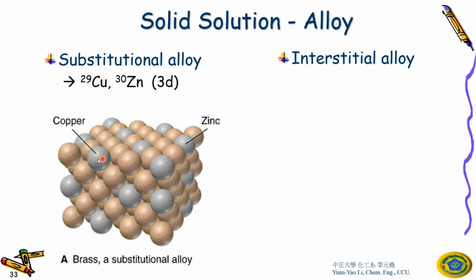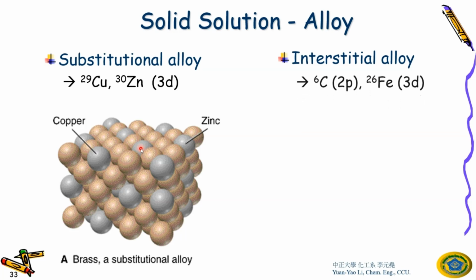So you replace zinc with copper. So this is a combination of copper atoms together. This is what we call substitutional solid solution, substitutional alloy. That means the site of the zinc was replaced by copper atoms.